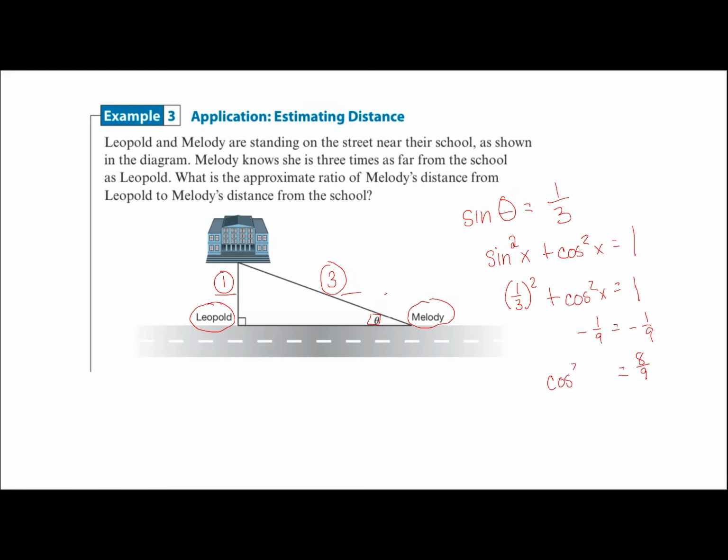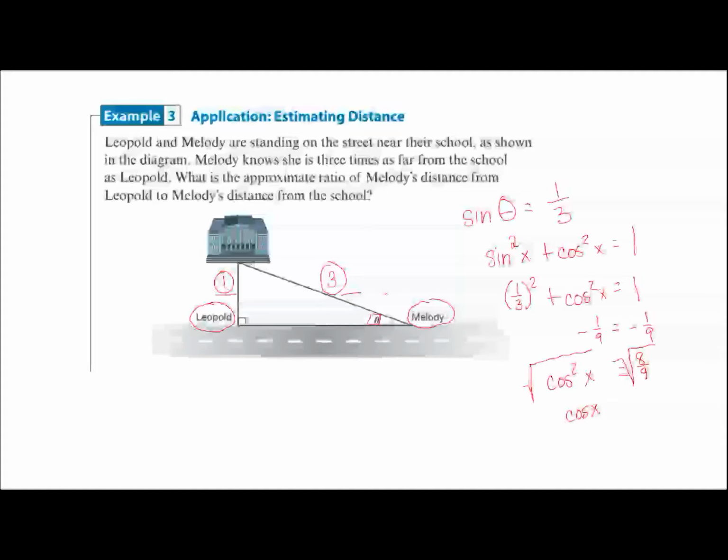My cosine squared of x is just going to drop right down, and what we need to do is take the square root of both sides in order to get rid of the square. So my cosine of, actually in the problem it is listed as theta, so I'll just put it as theta.